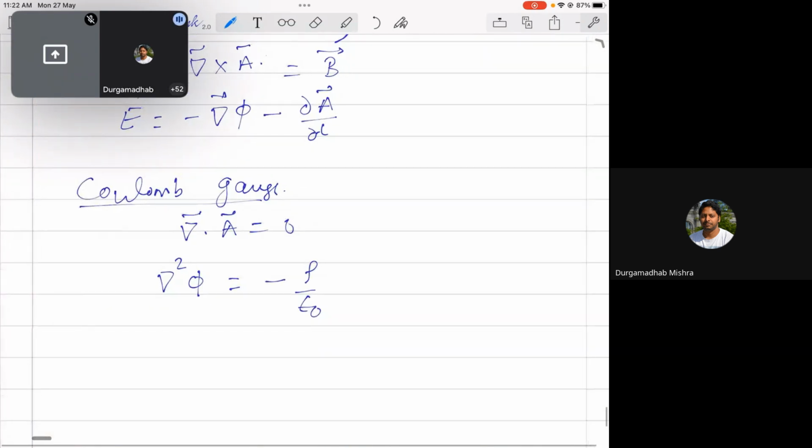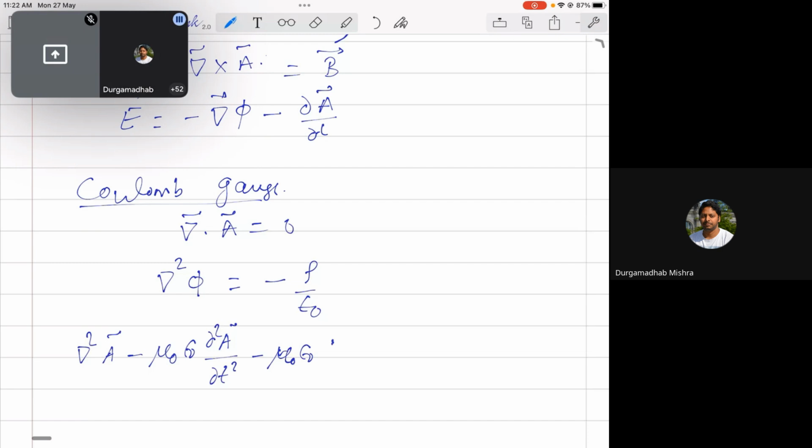So the equation will be del square A minus mu naught epsilon naught del square A by del t square minus mu naught epsilon naught del phi by del t equal to minus mu naught J. The first equation exactly resembles Poisson's equation in electrostatics.